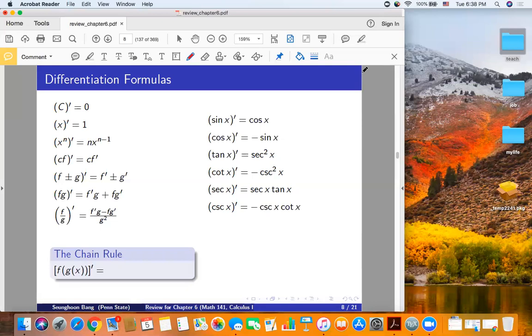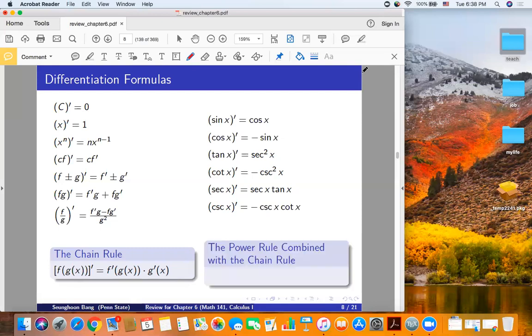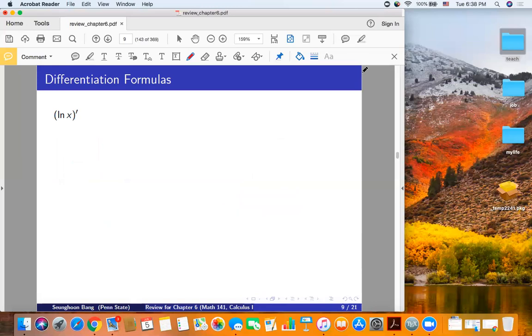So do you know the chain rule? F of g of x prime is the outer function prime of the inner function times the inner function prime. What's the power rule combined with the chain rule? G of x to the power n prime is n times g of x to the n minus 1 times g prime of x. So we have more things. What's the ln of x prime? 1 over x.